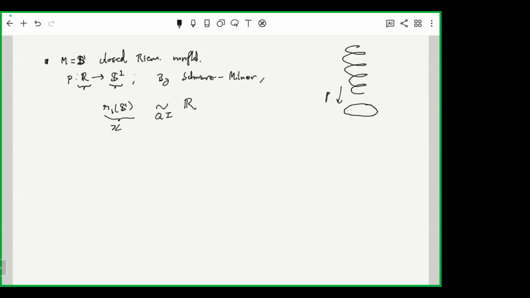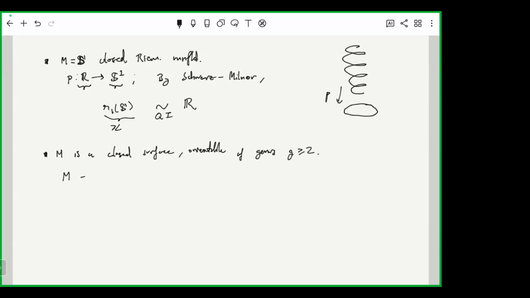One example that we hadn't done before is the hyperbolic case. I would consider now that M is a closed, orientable surface of genus at least 2.